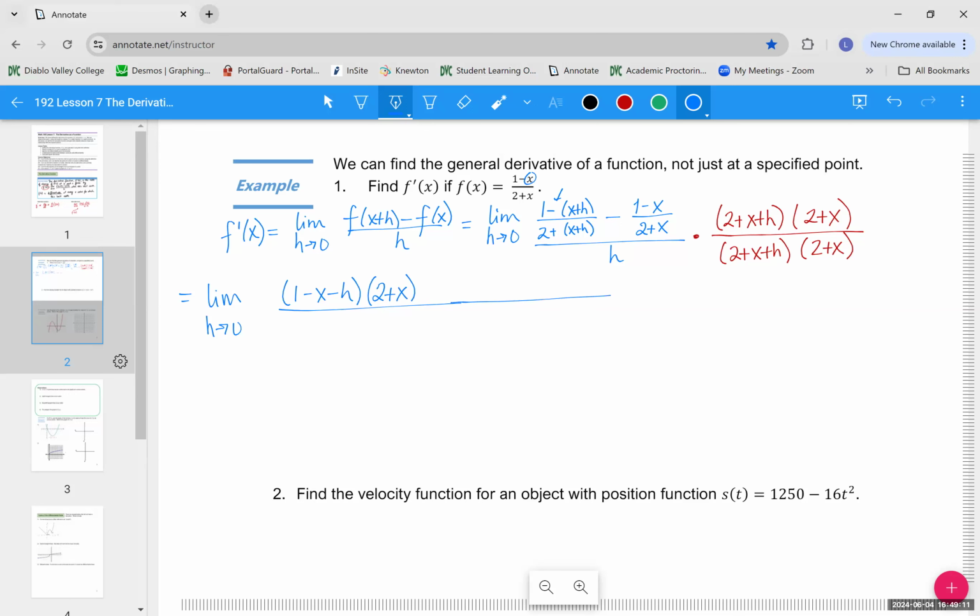Then I have a minus in between. And when this whole thing gets multiplied by this, the 2 plus x's cancel. So I'll have 1 minus x times 2 plus x plus h. So that is my new numerator after multiplying that out.